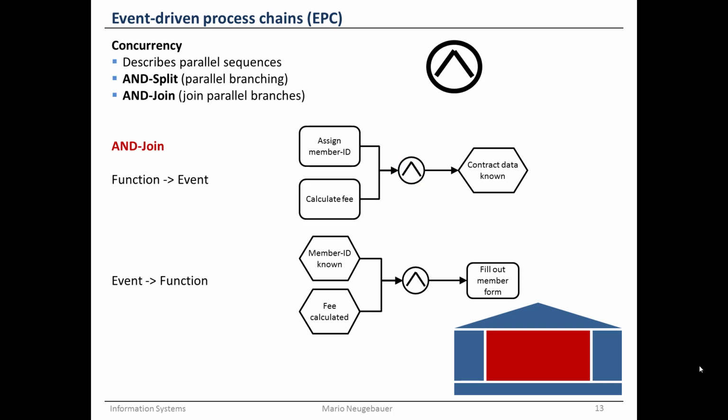The AND join aggregates these two sequences, and one common event comes out from these two sequences. The one common event, contract data known.